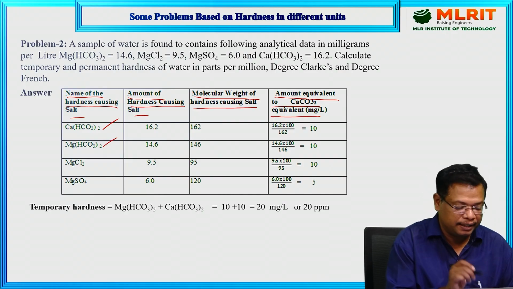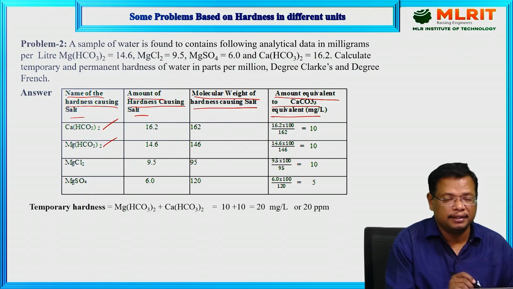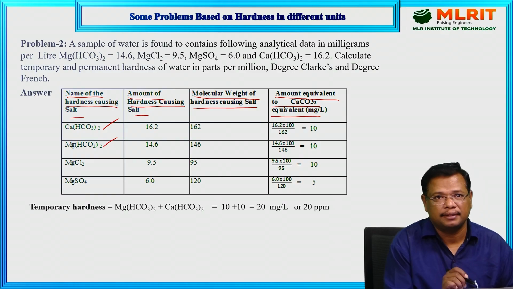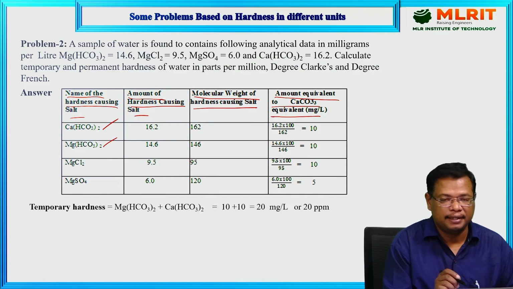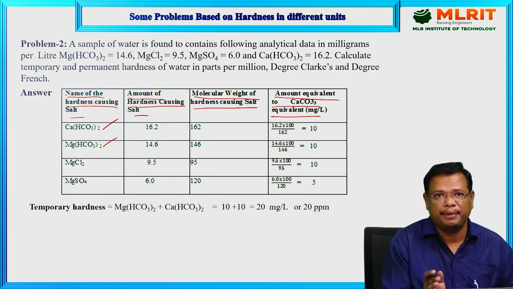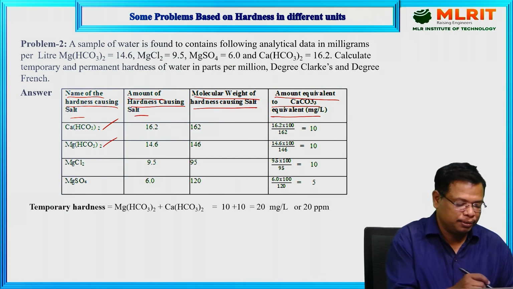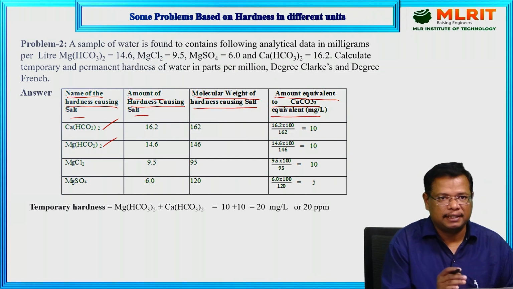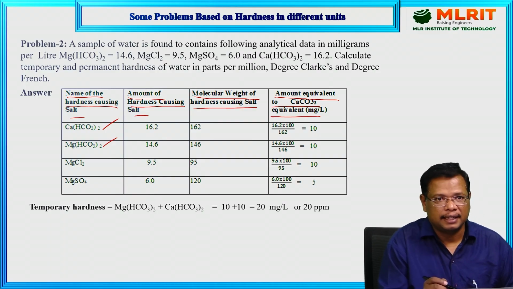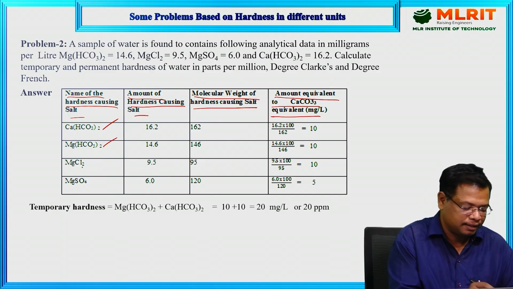We have to write down accordingly the temporary hardness causing salts and permanent hardness causing salts. If they ask for temporary or permanent hardness, they may or may not mention it, but we have to choose: first the temporary hardness causing salts and second the permanent hardness causing salts.